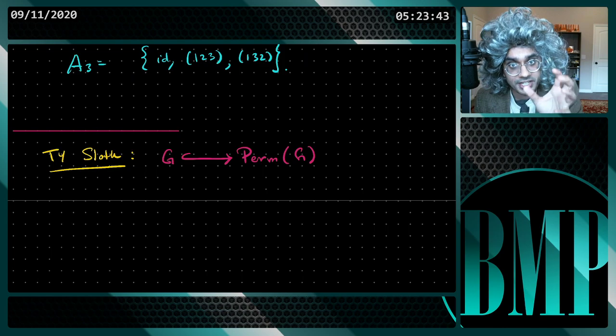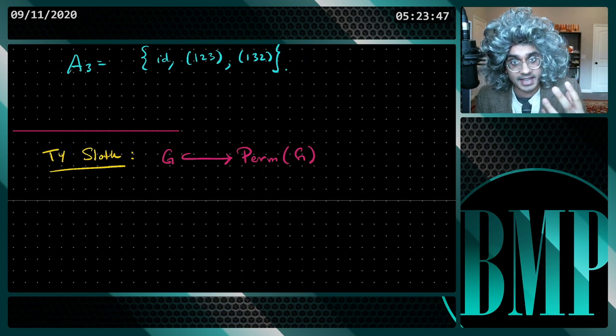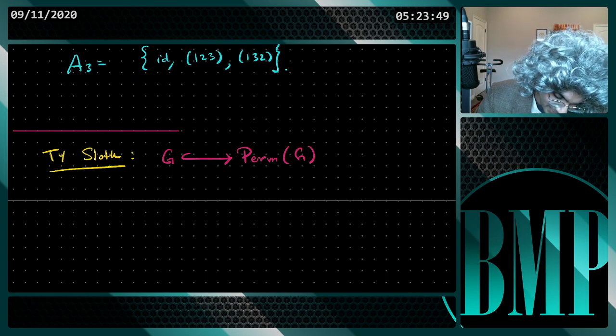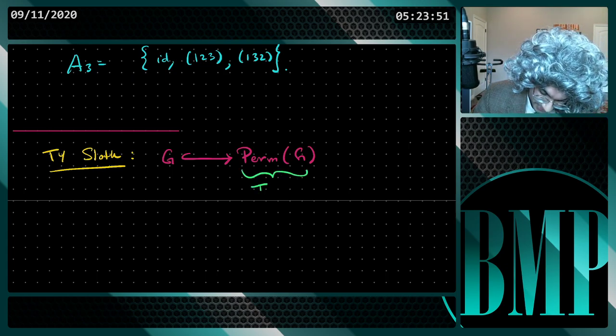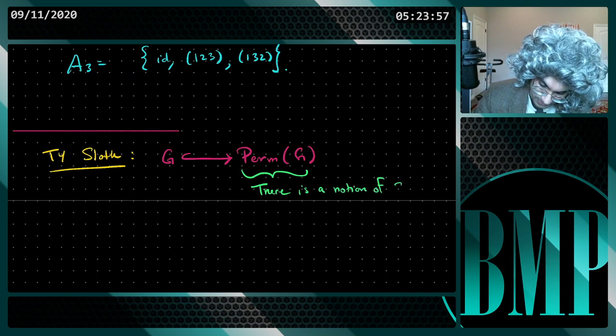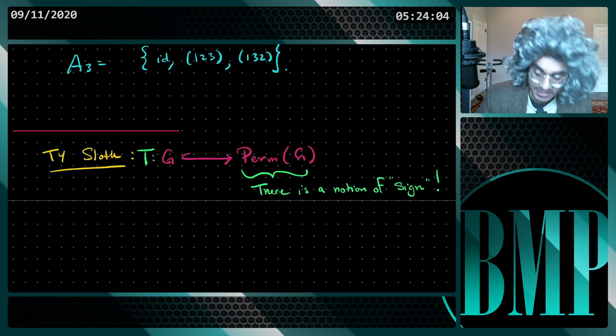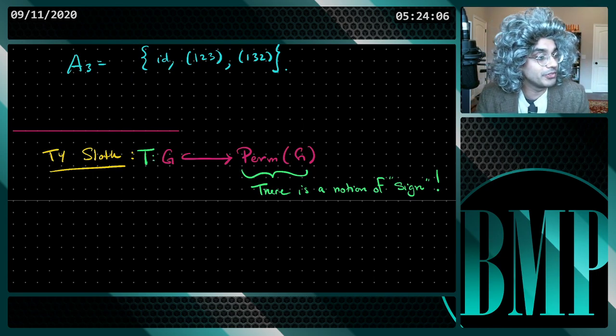And in permutation groups, you have this intrinsic notion of sign. So here, there is a notion of sign. And what we had this map T, so that you should go review.